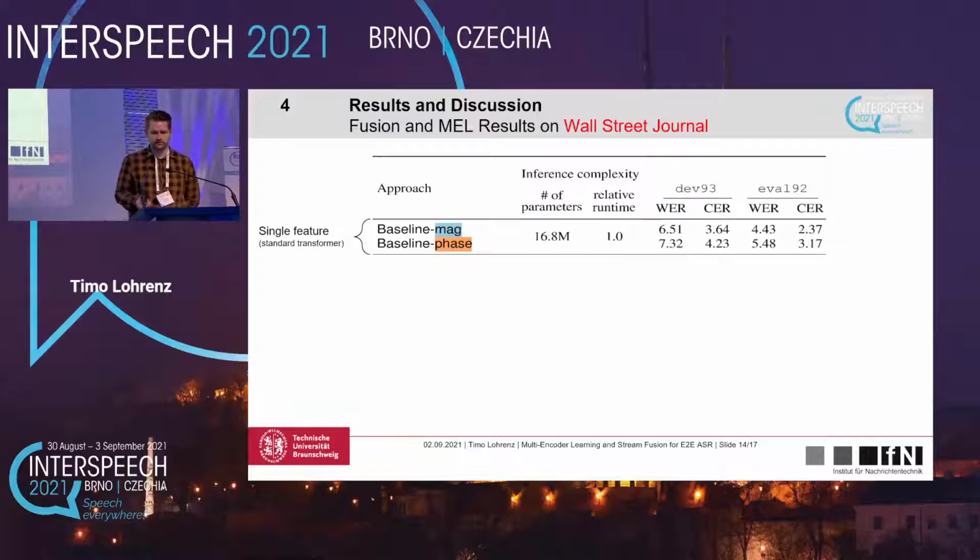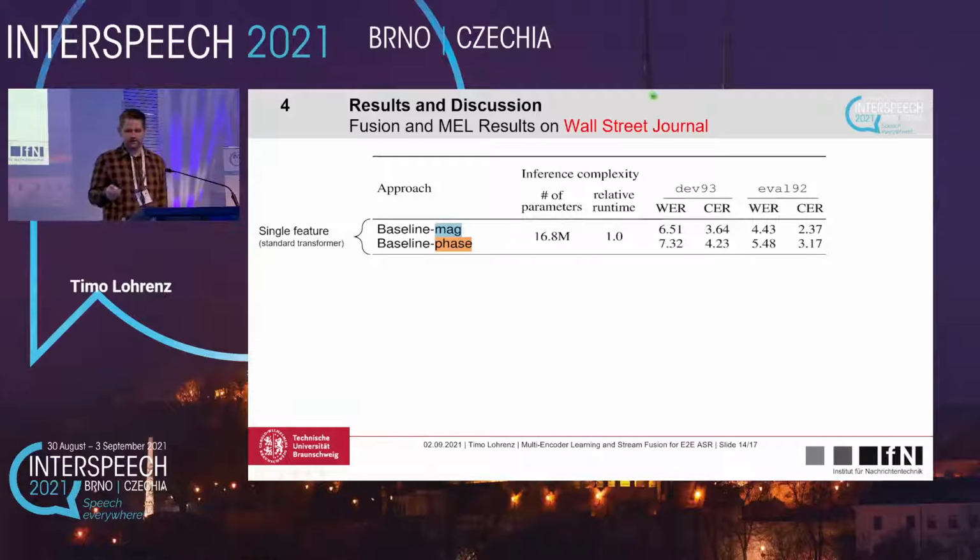So let's look into the results. First on Wall Street Journal. The single feature standard transformer is basically the standard architecture with the standard features for baseline magnitude, and there we reach quite good performance of 6.5 on the development set and 4.43 in terms of word error rate on the test set, which is pretty competitive according to other authors' works actually.